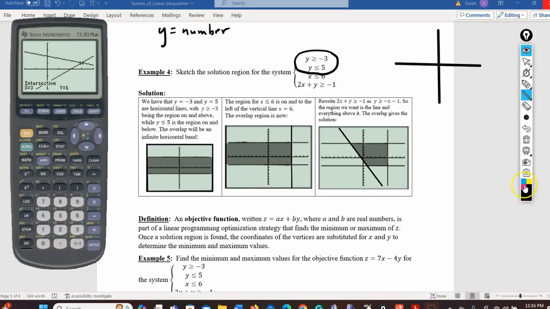Okay, because y equals -3. So y greater than or equal to -3. I want the line y equals -3 and everything above it.